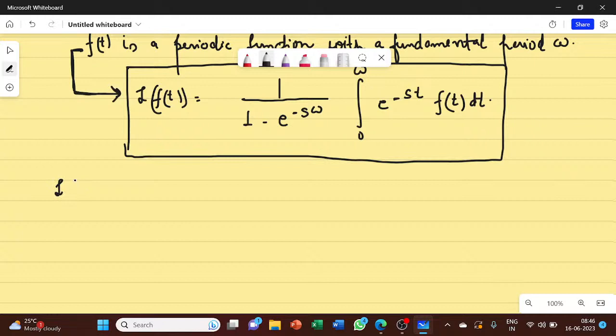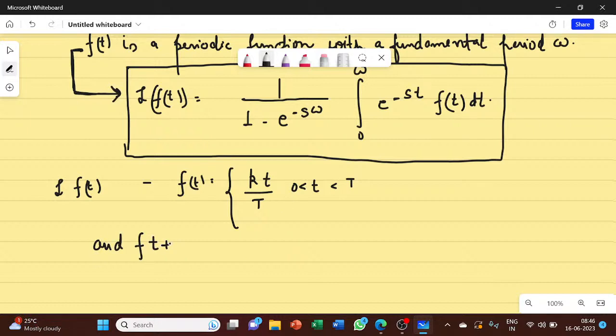Find the Laplace transform of f(t), where f(t) is defined by k times small t divided by capital T if t lies between 0 and capital T, and f of t plus capital T is simply f of t.